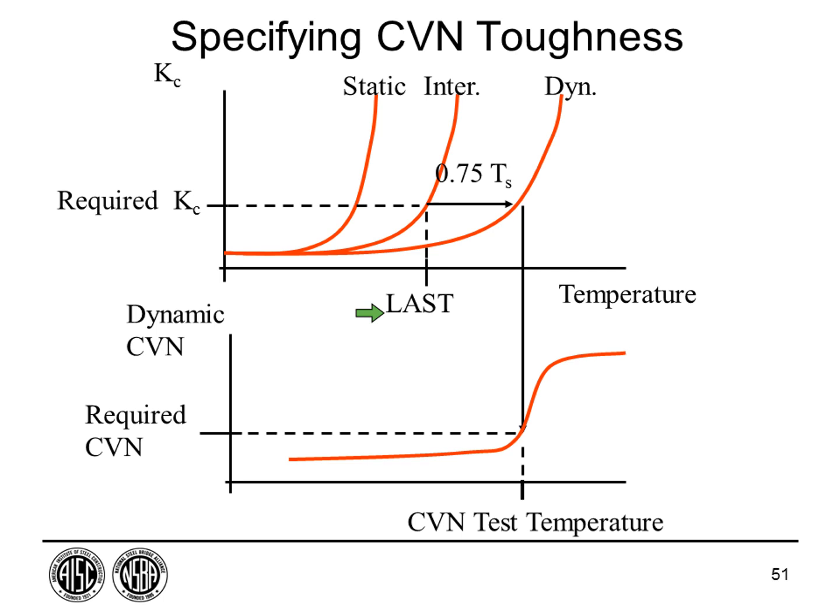You pick that, you pick the required toughness, and then what we do is we shift this LAST over a year to where we'd be dynamic, and that drops us down to the Charpy curve, because the Charpy test is a dynamic test. So this sets the test temperature for the Charpy. So the Charpy test temperature will be above the LAST because of the strain rate differences between the bridge loading rate and the Charpy test.